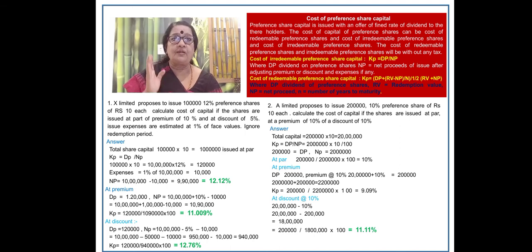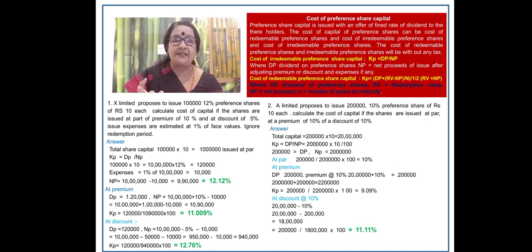The cost of preference share capital means the amount of cost incurred for raising capital through preference shares. Here also, the preference shares can be divided into two categories: irredeemable preference shares and redeemable preference shares. Preference shares always get a preferential right in the payment of dividend, and its percentage of dividend is specified.